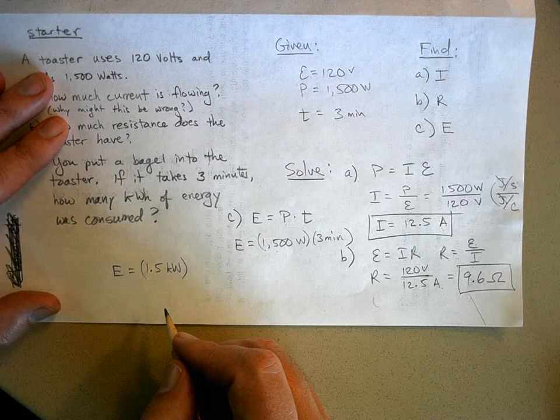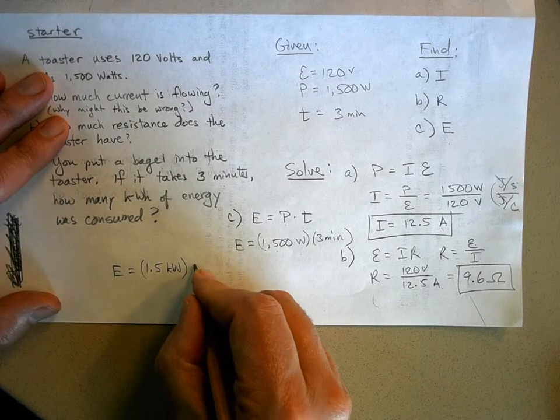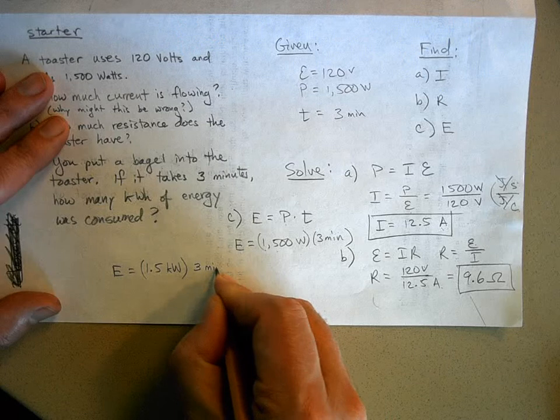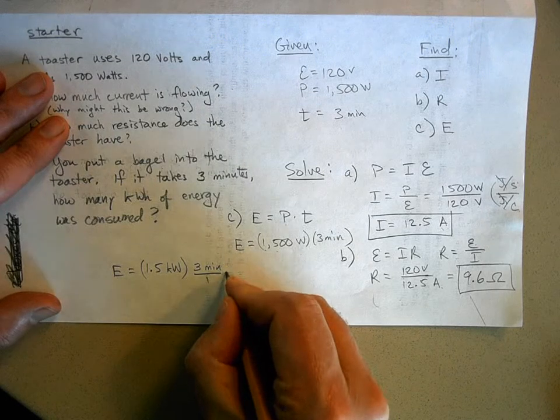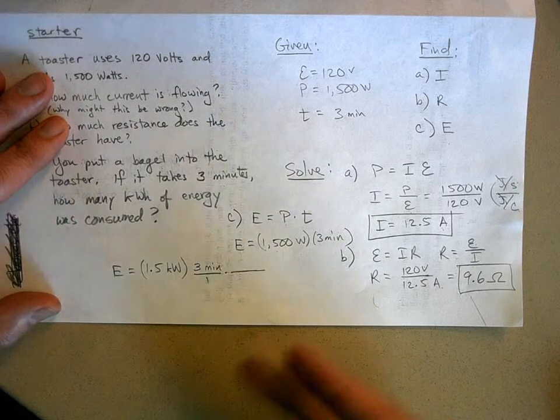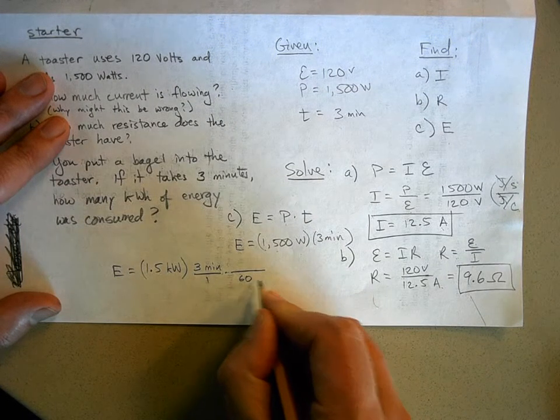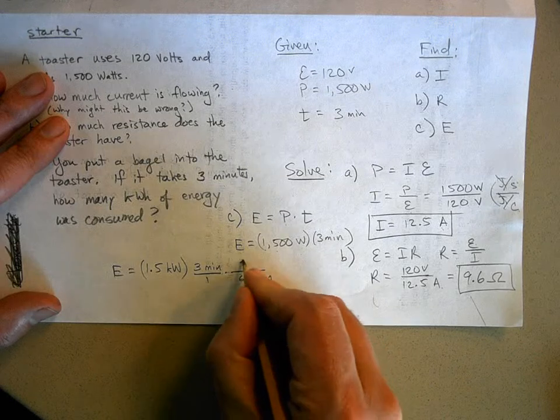Now what about the 3 minutes? That takes a little bit more work here. 3 minutes. Now we want it to be in kilowatt hours, so we've got to change the minutes to hours. So there are 60 minutes in 1 hour.